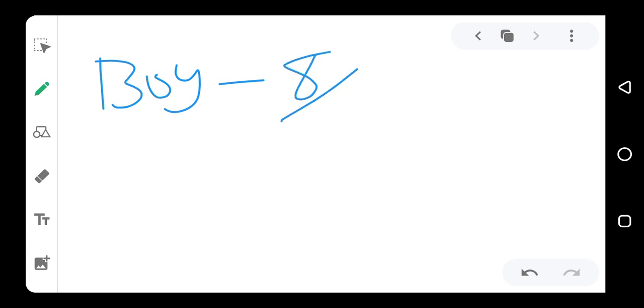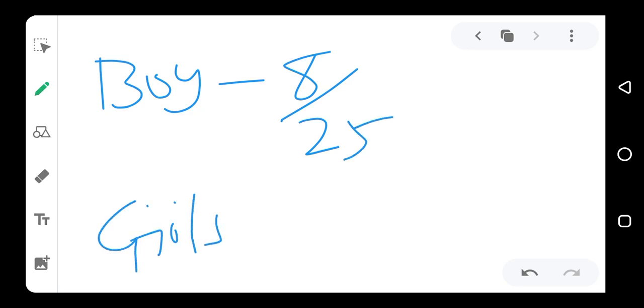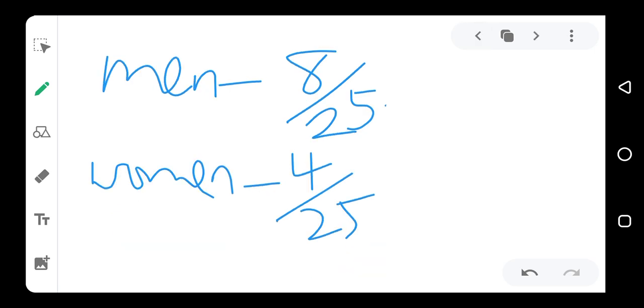We take boys, the total number of boys is 8 over the total number of people in the group, 25. And then we take girls, the total number of girls is 5 and the total number of people in the group is 25. So this gives us the ratio of each of the people in the group.